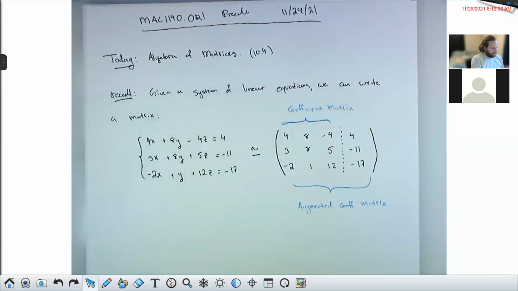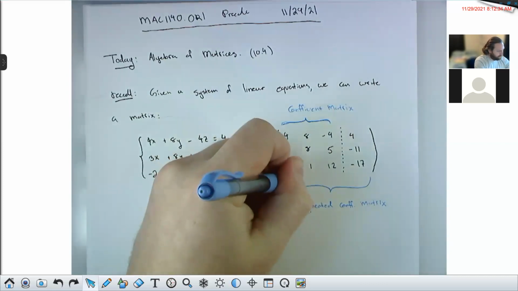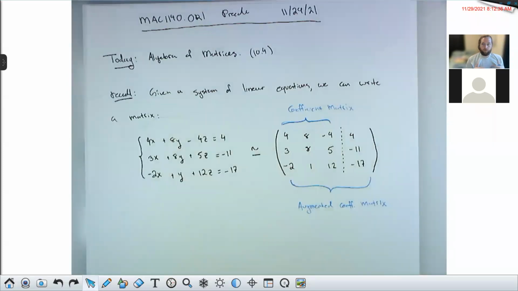And we saw last Wednesday that you can solve this linear system by running row operations on the matrix.